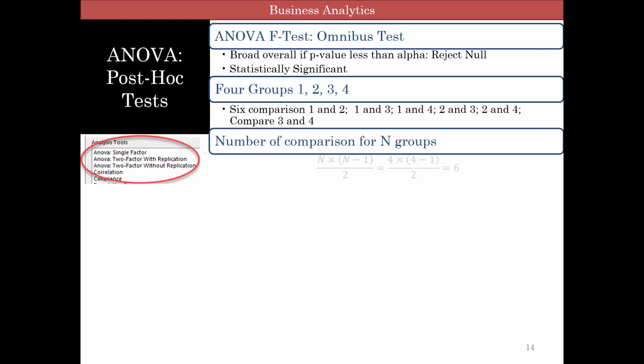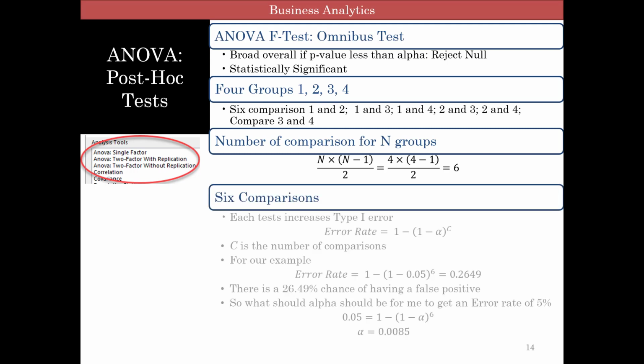So 6 comparisons. So if you had n groups, in this case n is 4, you see you have 6 comparisons. So let's say we have 5 groups. This would be 5 times 5 minus 1, which is 4, 20 divided by 2, that would be 10 comparisons. So when you have this number of comparisons, the error rate, essentially, given alpha is 5%, increases.